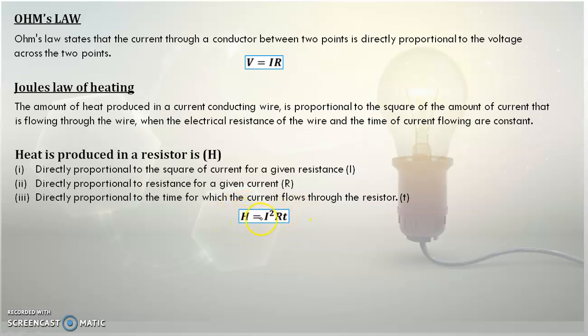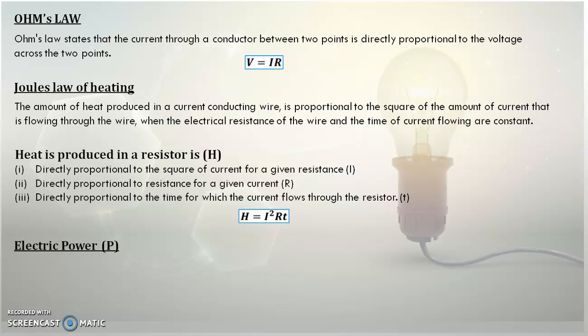By using this, we can calculate the heat, or if heat, time and resistance are given, we can calculate the current. If the other 3 parameters are given, we can calculate resistance, and similarly we can calculate time. So based on Joule's law of heating, we get this equation, H is equal to I square RT.